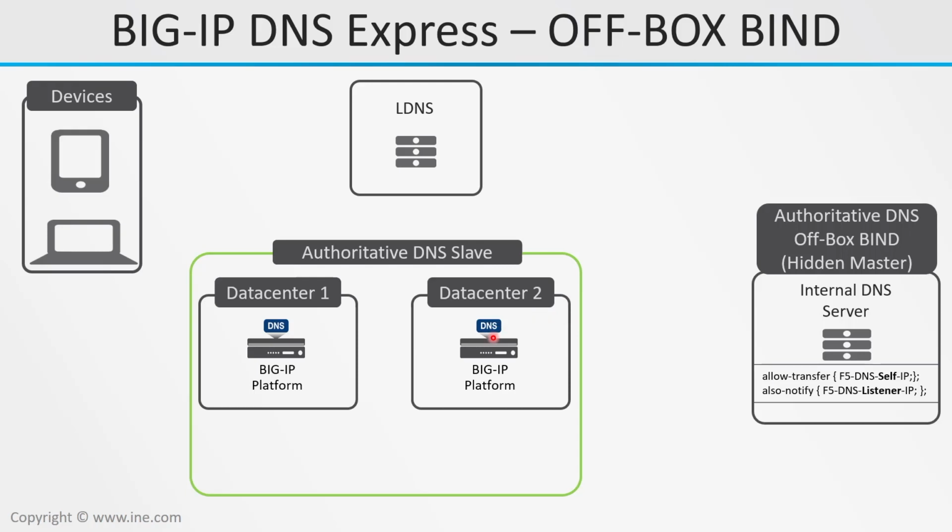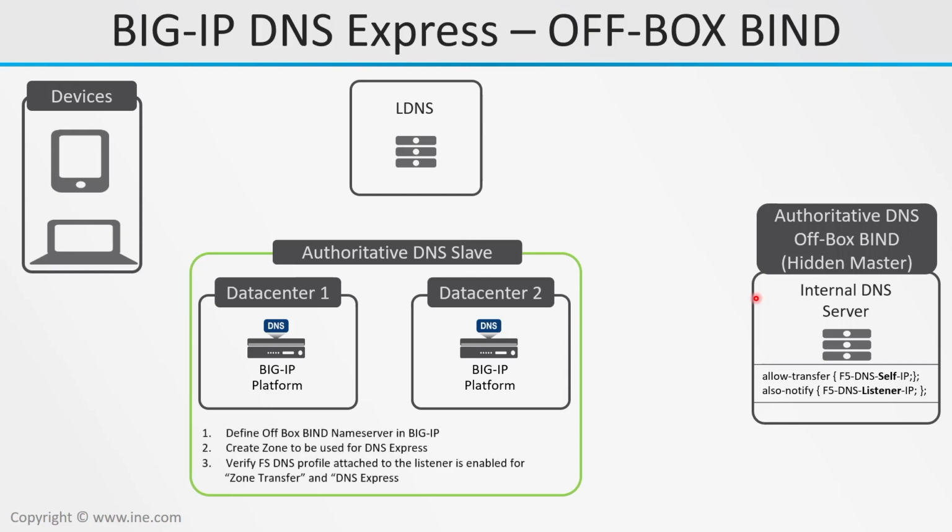So you get a low latency response, and you also are able to serve DNS requests a lot faster, which mitigates DDoS attacks and offloads requests to the servers. So let's take a look at the step-by-step process for implementing this, and then we'll take a look at a live example.